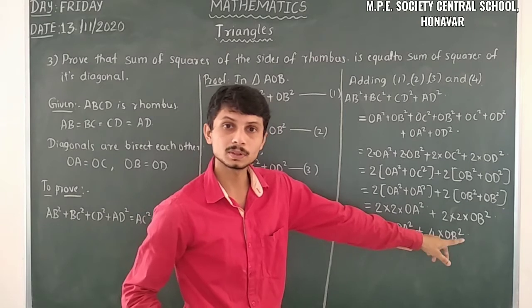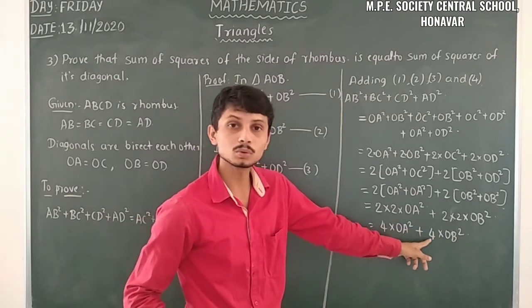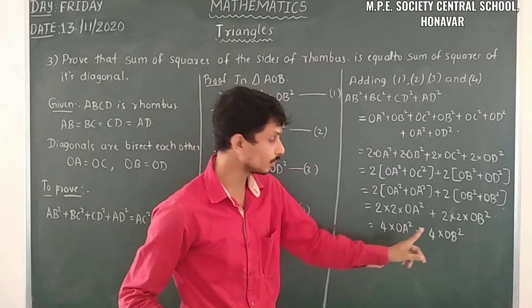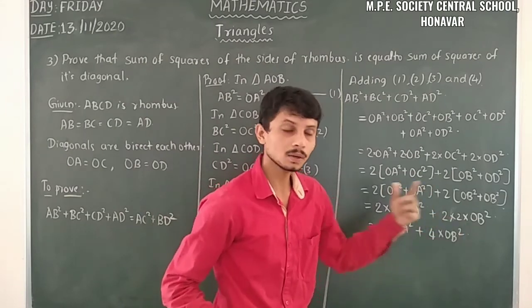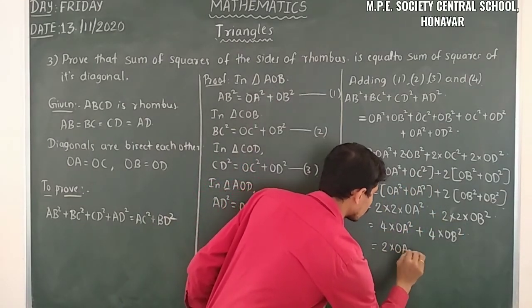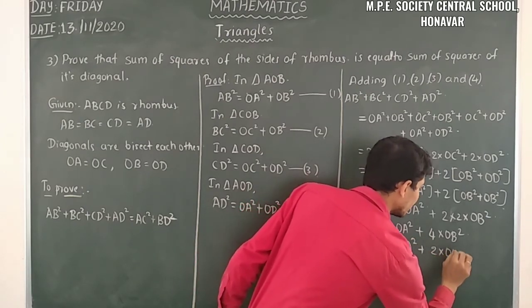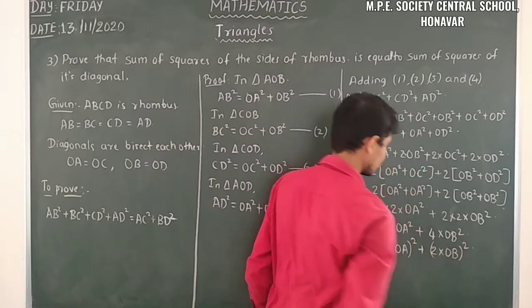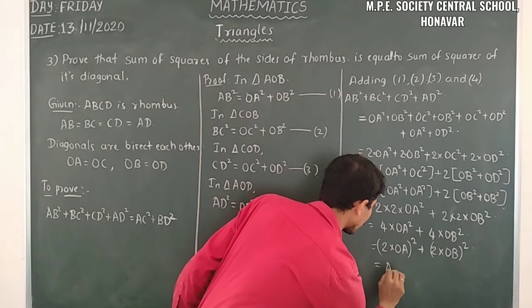OA square is there, OB square is there. So we take it as 2 square, and after taking 2 square, we can combine and take it as 2 OA whole square plus 2 OB whole square. What is 2 into OA? AC.